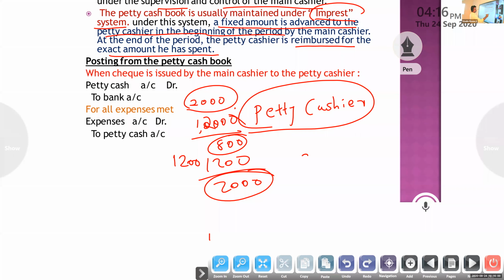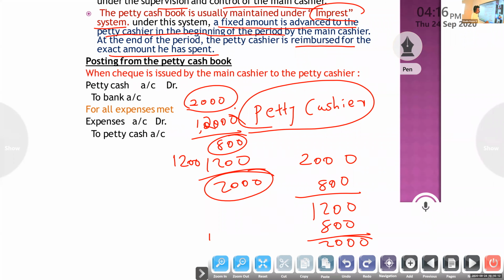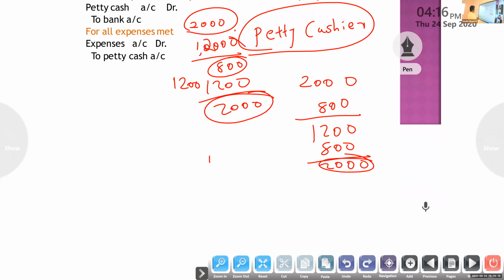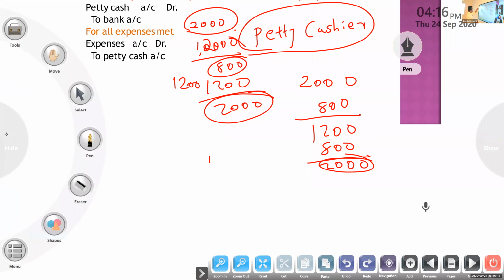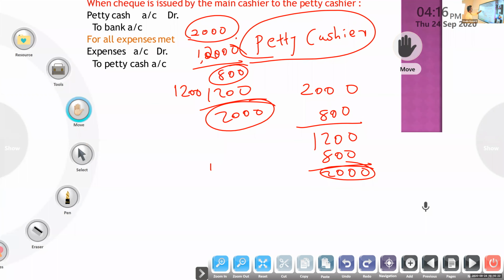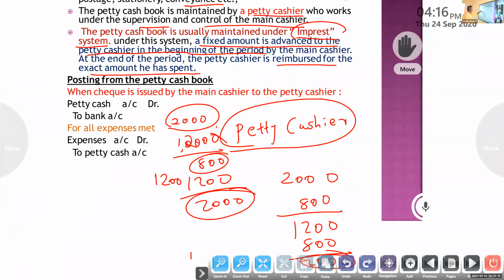2,000 given, out of that only 800 he spent, so the balance is 1,200. Then how much does the main cashier have to give? 800. So in the beginning, 2,000. That is the imprest system. The petty cash book is maintained under imprest system.